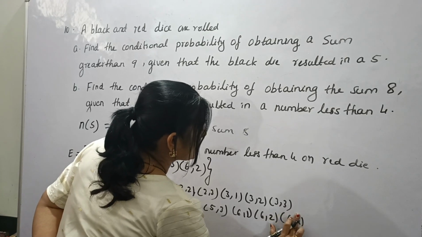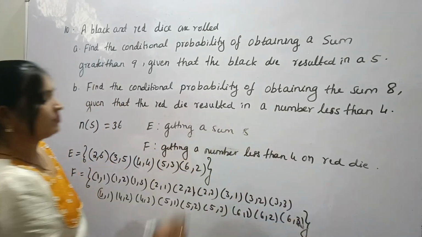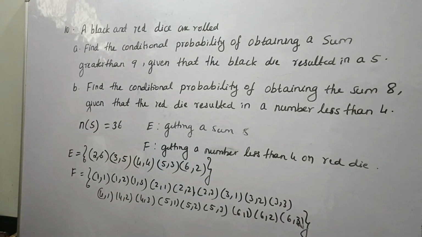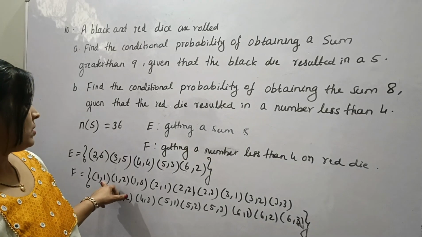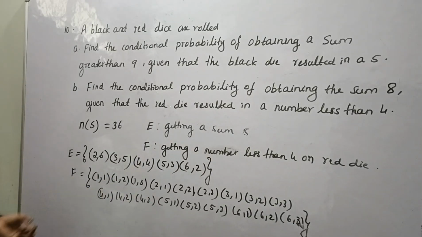That's all, right? So here 18 elements, 6 threes are 18.